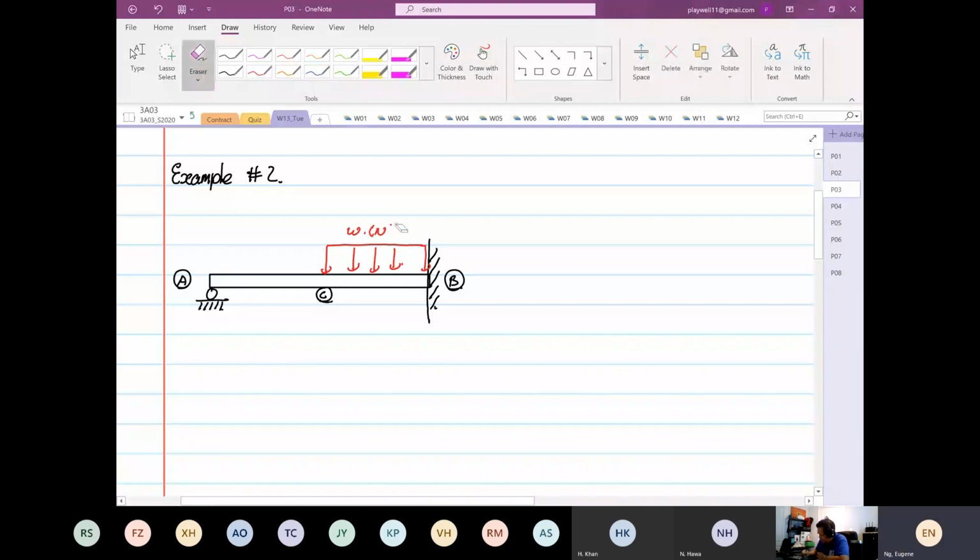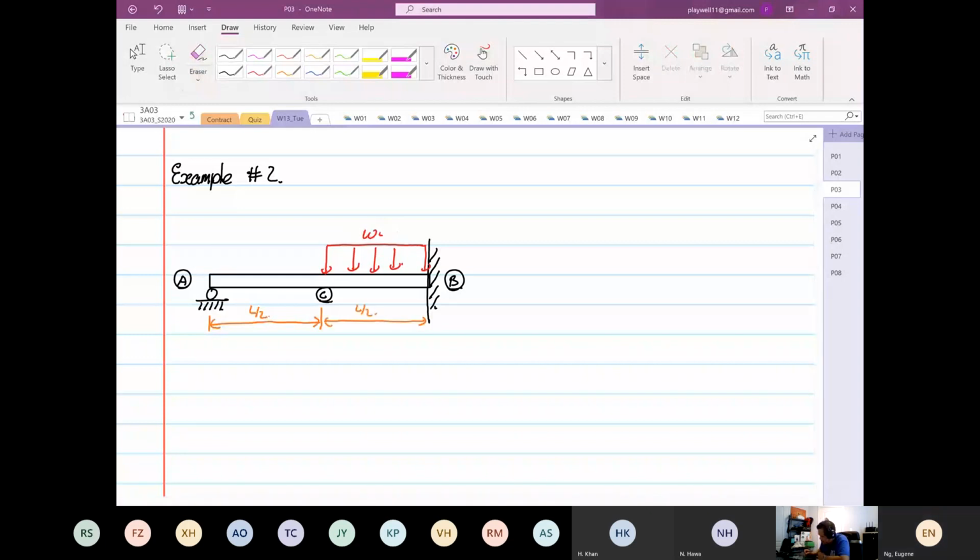Or it does not need to have a unit. So we're going to call it omega. And then on our x-axis, the distance to point C is L/2, and from here to here is also L/2.